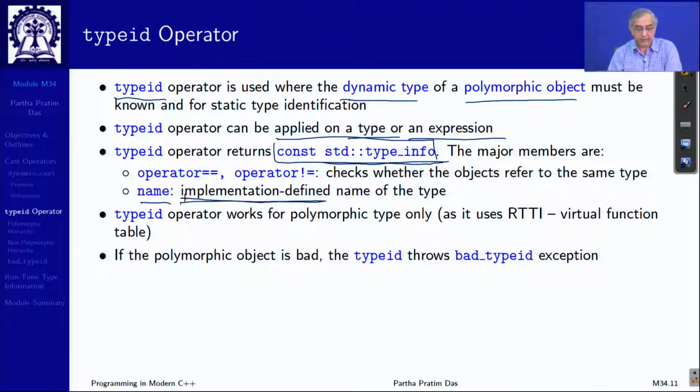We will see examples. It works for polymorphic types only, and if a polymorphic object is bad, not a proper type, then it will throw a bad_typeid exception, which is defined in the standard library.